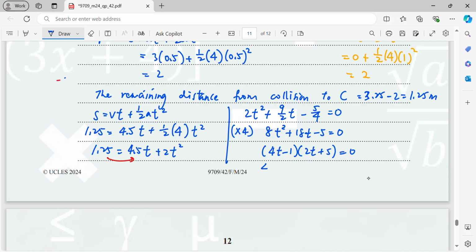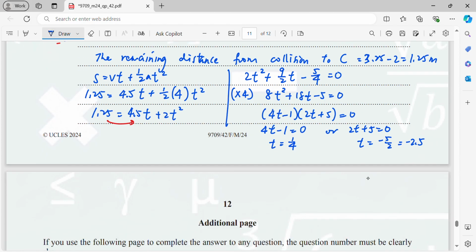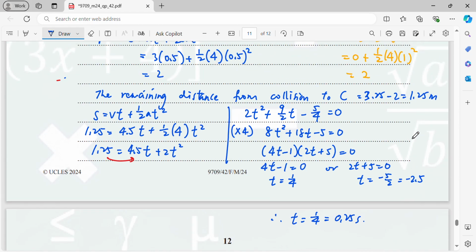So either 4T minus 1 equals to 0, that means your T is 1 over 4, or 2T plus 5 equals to 0, then your T is negative 5 over 2. That is negative 2.5. So the T cannot be negative. That means your final answer T is 1 over 4, which is 0.25. That means it takes 0.25 seconds to reach C after they collide.